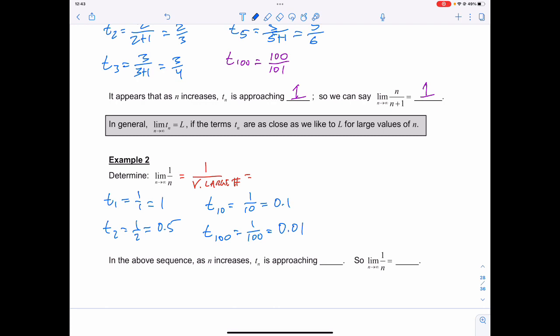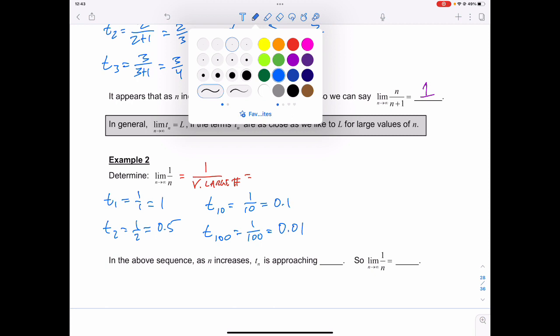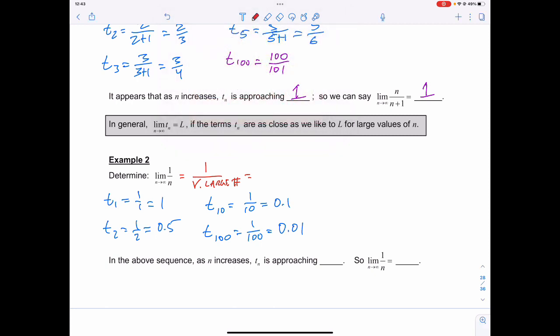Which means that as the number gets bigger and bigger, the decimal is getting smaller and smaller. So if I have 1 over an extremely large number, that's going to approach 0. So as n increases, Tn is getting closer and closer to 0, which means that the limit as n approaches infinity of 1 over n is 0.